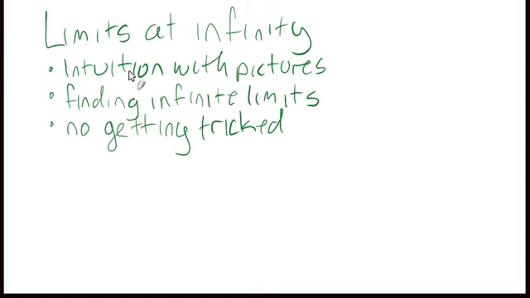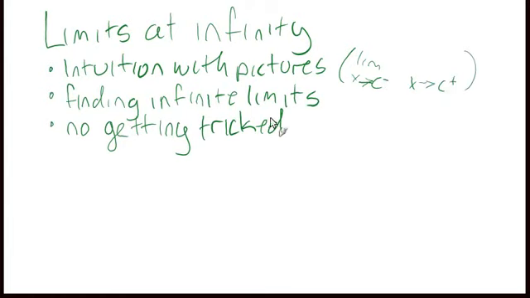So first we're going to build our intuition with some pictures, just to show you what a limit at infinity is like. And we'll talk about limits from the left and from the right for limits at infinity.